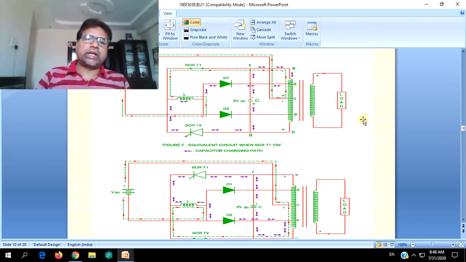It is also called a push-pull type of inverter. So this parallel inverter with feedback diodes is called a push-pull type of inverter.